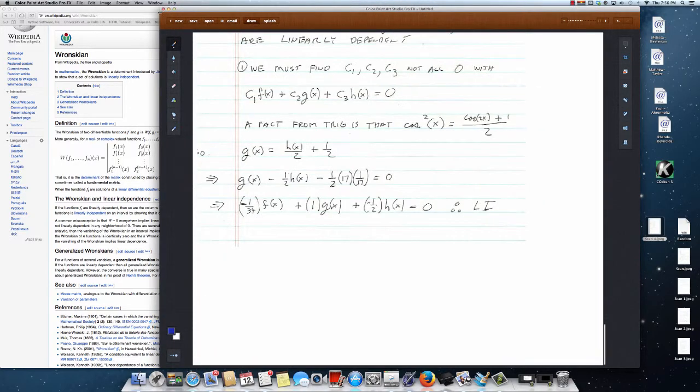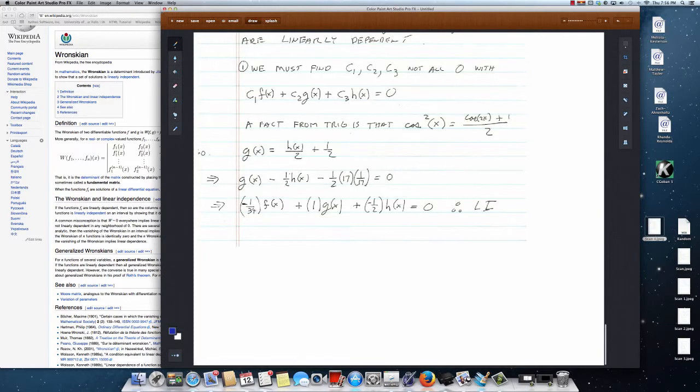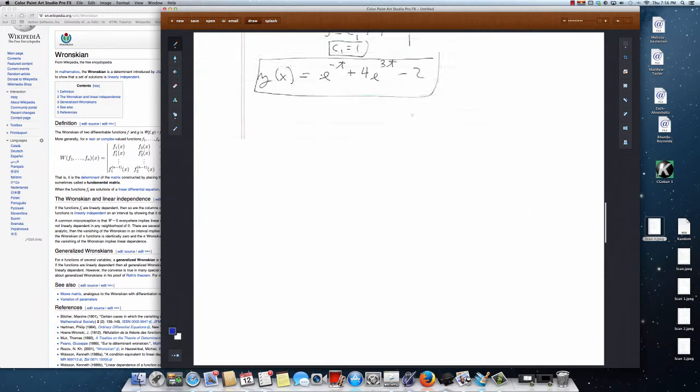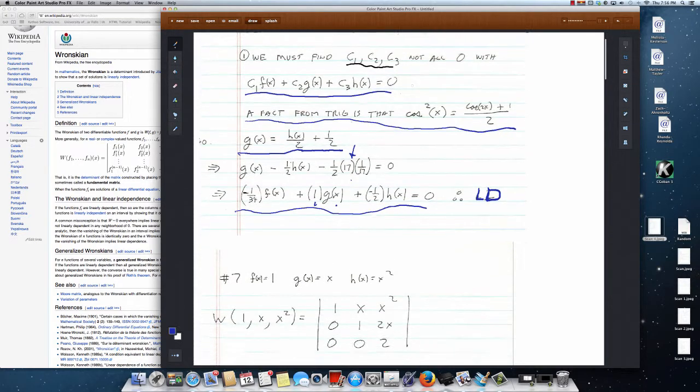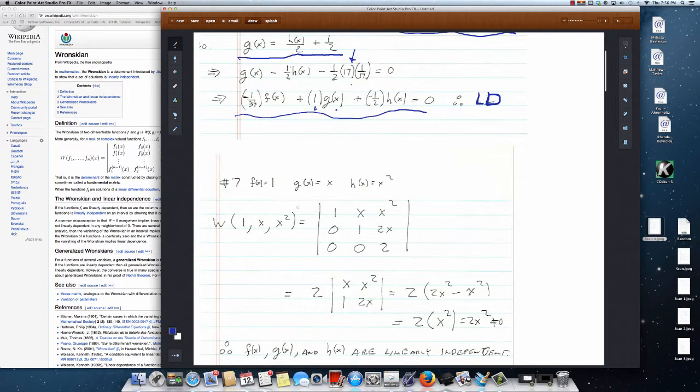Number 7. So what we have are these 3 functions: f of x equals 1, g of x equals x, and h of x equals x squared. We'd like to determine whether or not these 3 functions are linearly independent or linearly dependent.